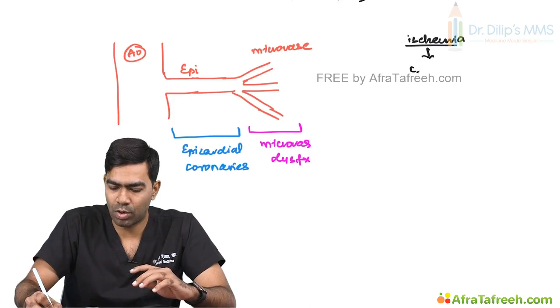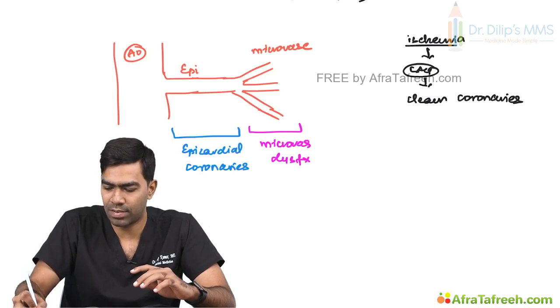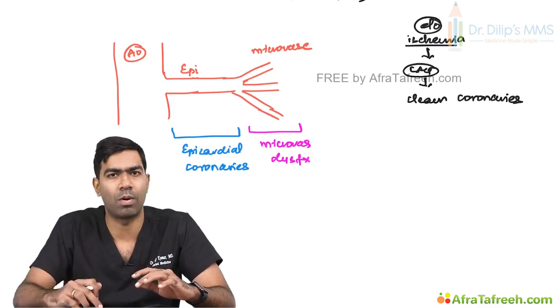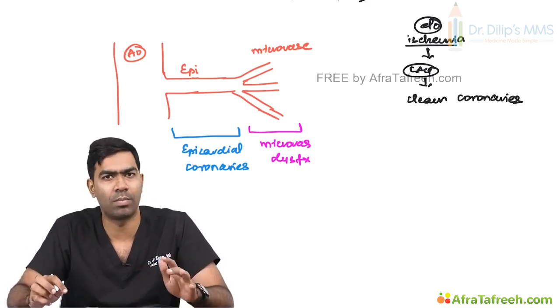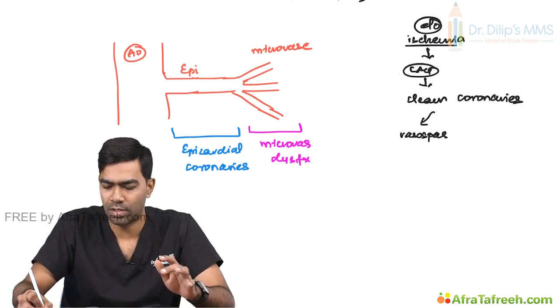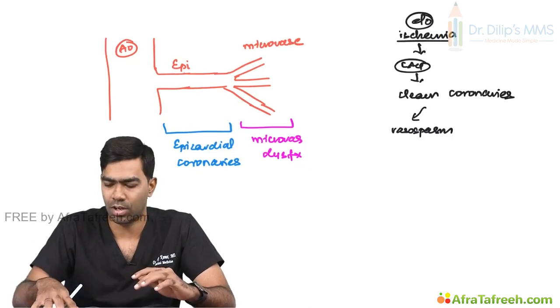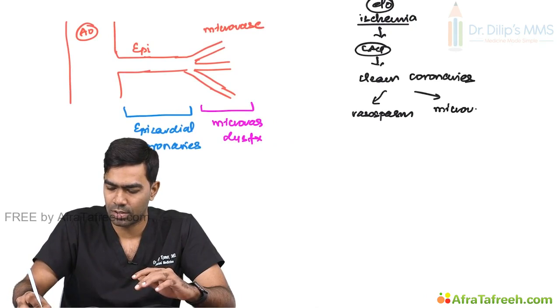So for example, there are a lot of cases who show ischemia, but in a coronary angiogram, the coronaries will be absolutely clean, which means there will be no plaque at all. So this is what we refer to as clean coronaries. Whenever the patient has evidence of ischemia in the setting of probably an ECG change or an ischemic chest pain, but you do a coronary angiogram and it is absolutely normal, clean coronaries, you think about two entities. One is probably a vasospasm, which happens in the epicardial coronaries, or it could be a microvascular dysfunction or a microcirculatory dysfunction.